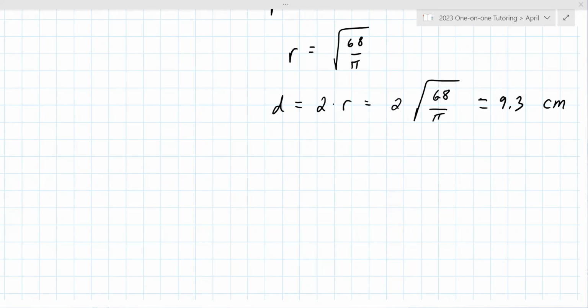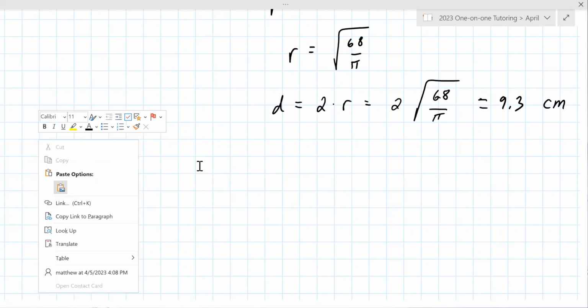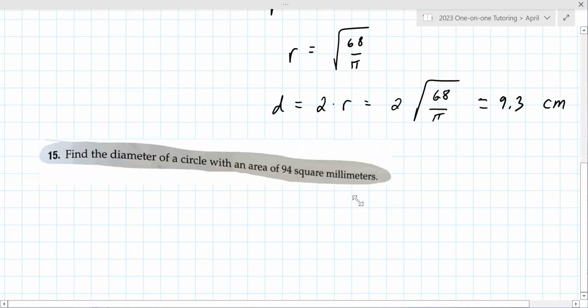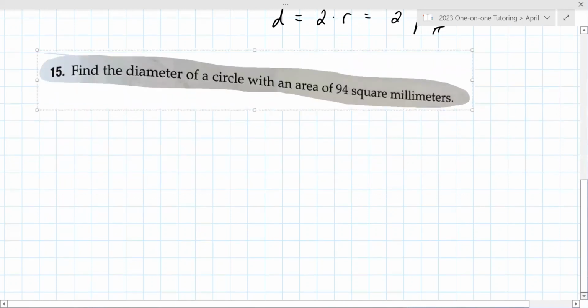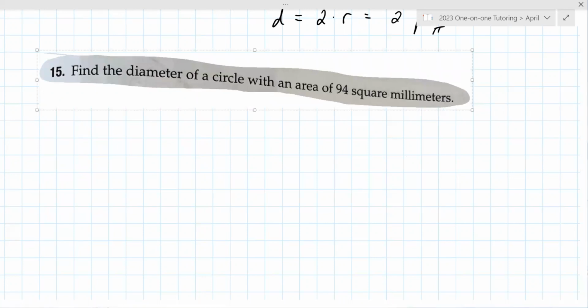Nice. All right, 15. Probably really similar here. Yeah, so this is the same problem. Why don't you try this one on your own here? It's exactly the same as the previous one, just different numbers. Give me your final answer, please. Sounds good.